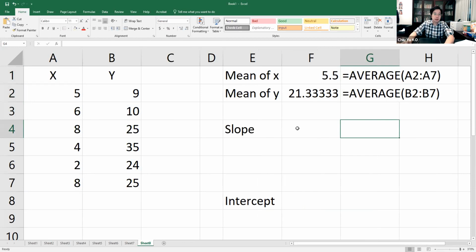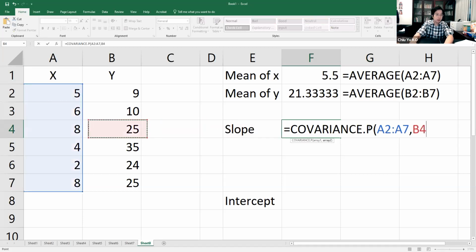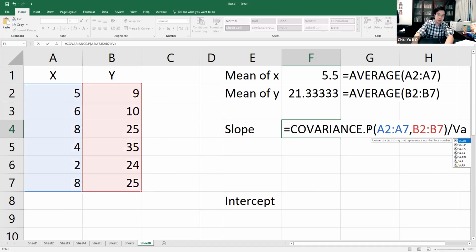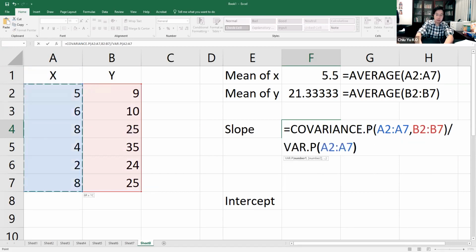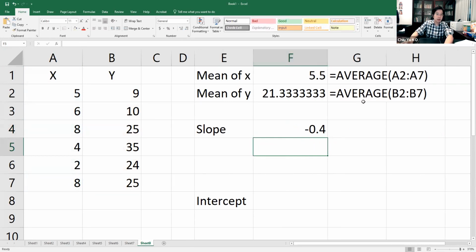Okay. So the slope is just, as we said, the covariance P over the variance P of X. Okay. So that's, oh, luckily, that's a very nice answer.